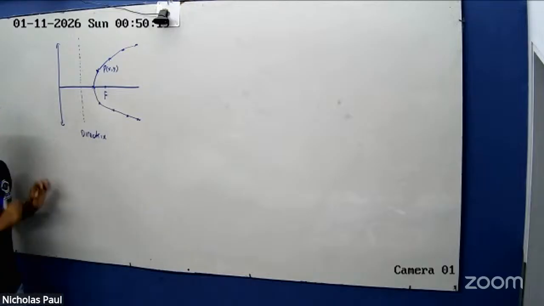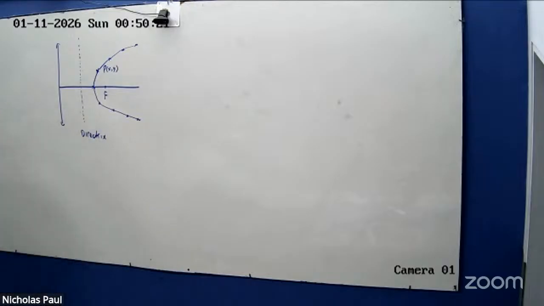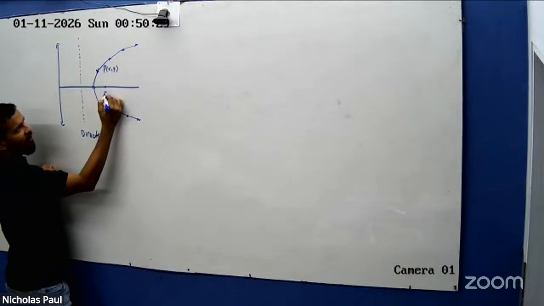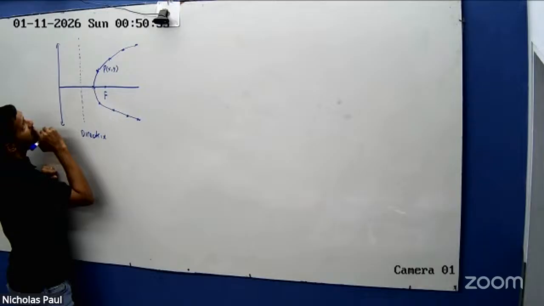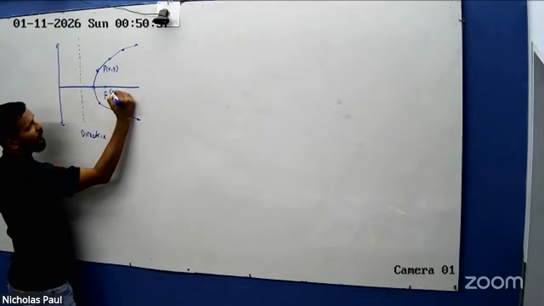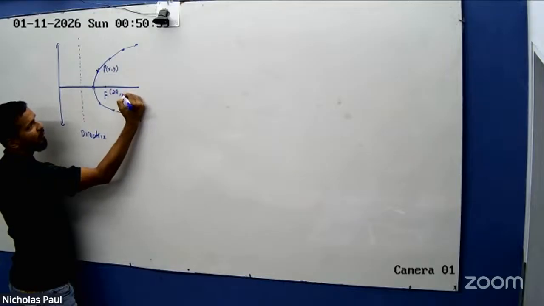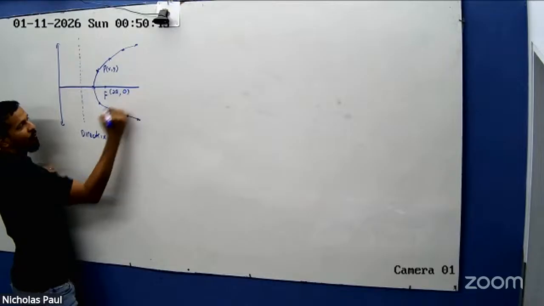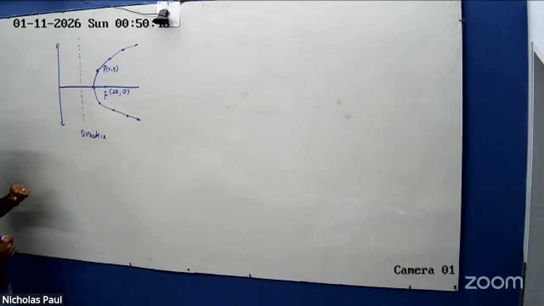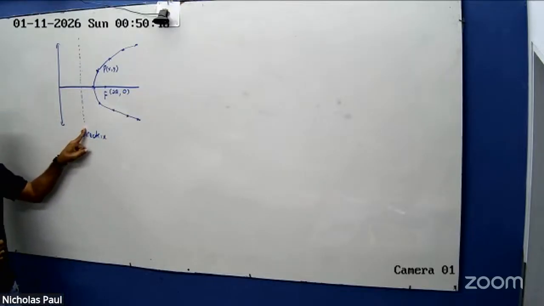All right, ready? Watch here. Let's see if we can develop an equation. Let's say that this point F is 2a. 2a is the x value, and it's on the y-axis, so y is 0. Can anybody tell me what this equation might be?